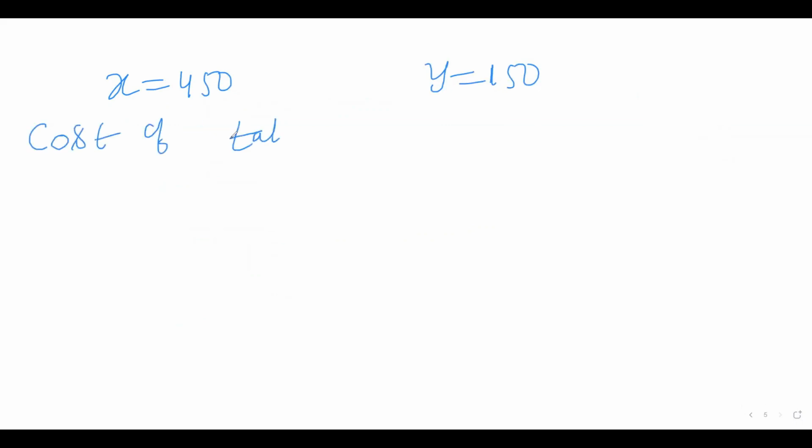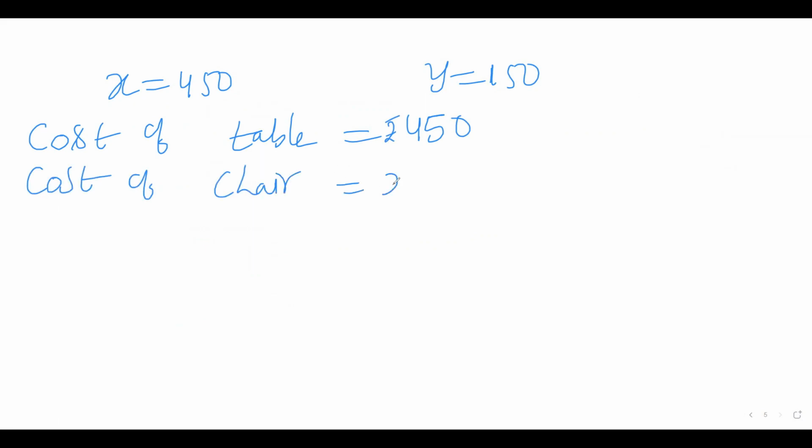So I got x is equal to 450, y is equal to 150. Cost of table is equal to 450, I have taken as x, so 450 rupees. Cost of chair, 150 rupees.